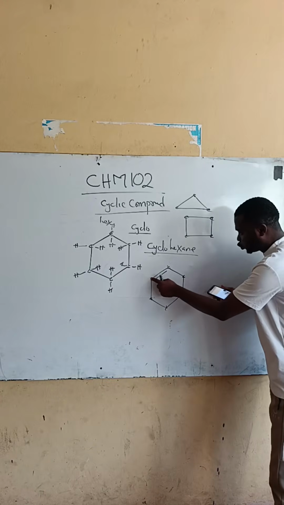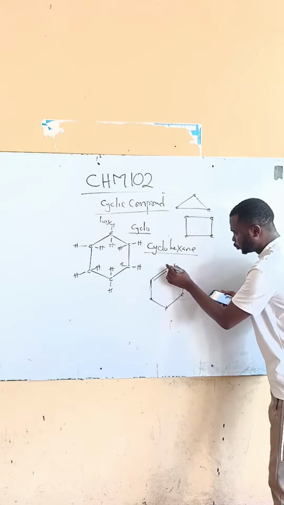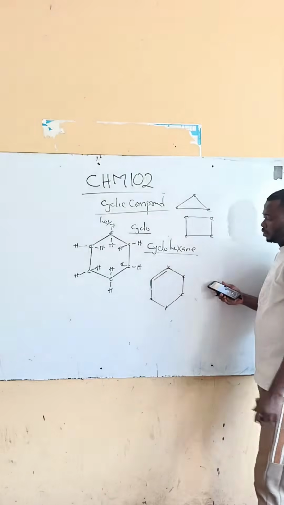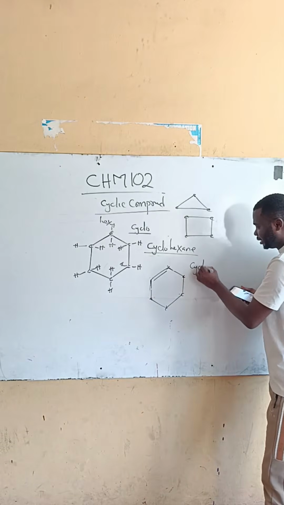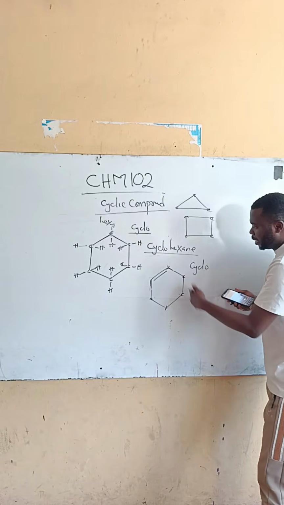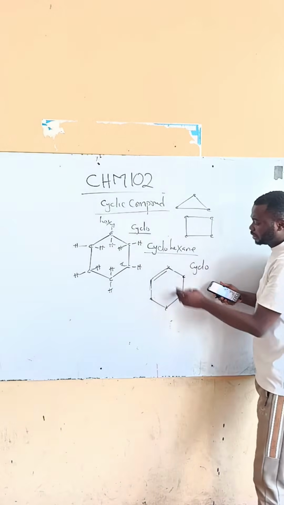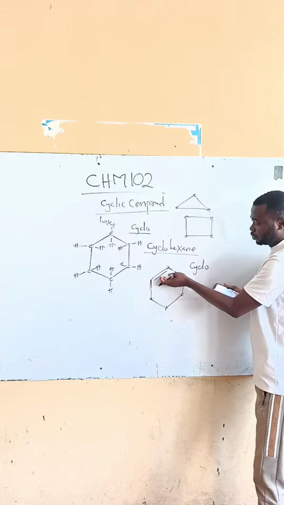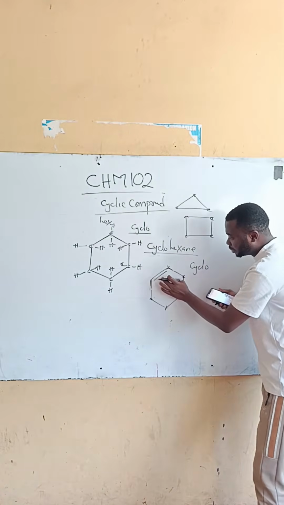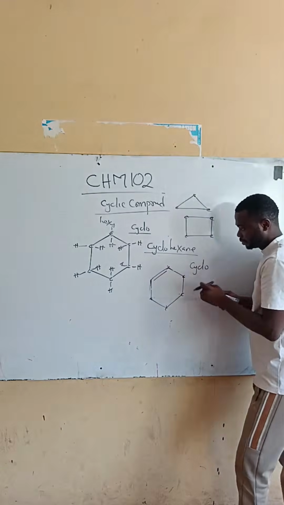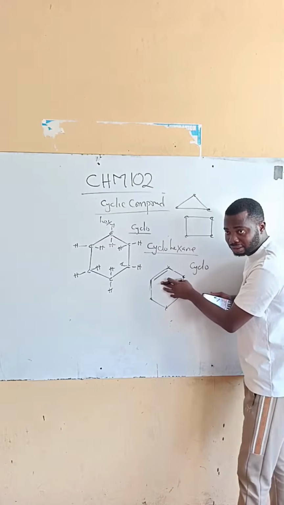So if you are told to name it, how do you name structures like this? That's the question. Firstly, it is going to be cyclic because it's a ring structure. How many carbons do we have here? We have 6 carbons. But how do we count it? Since it's just one double bond, we count in such a way that the double bond will be in position number 1.